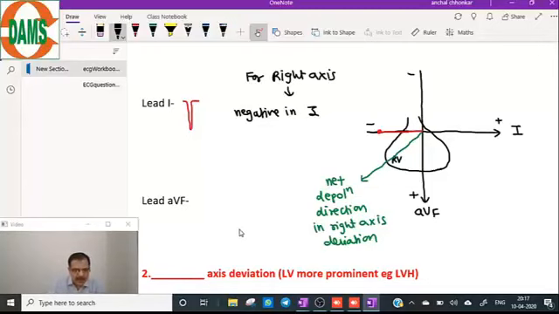And what should be the QRS in AVF? In AVF, the QRS should be positive.